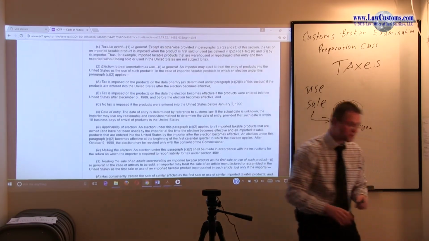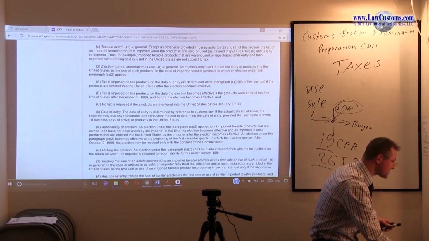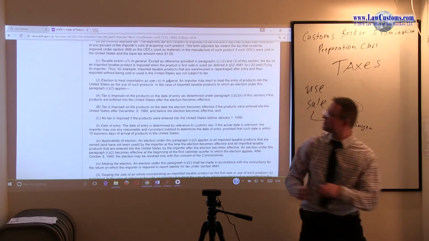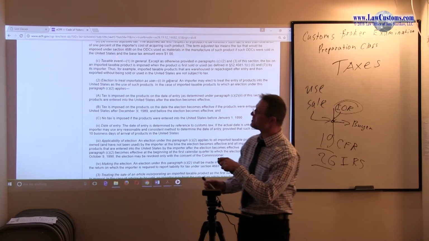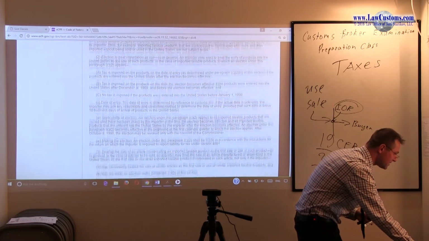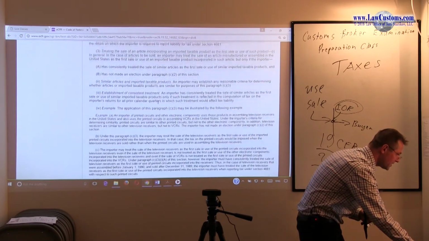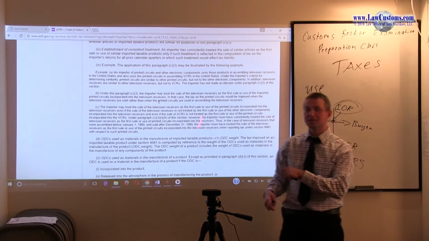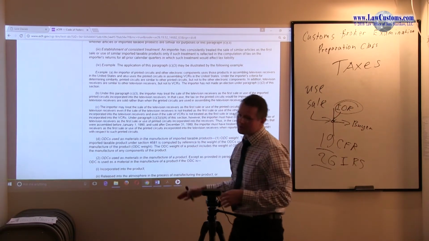So why? And here is again, notice they codify the taxable event, the notion of taxable event, and then they give you examples of how you calculate the tax.